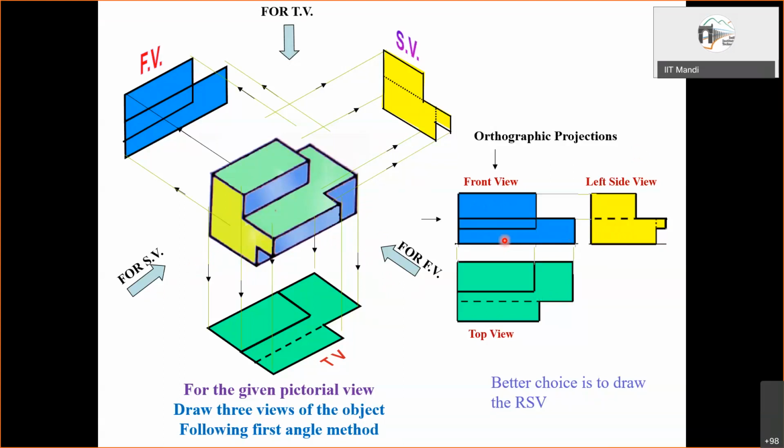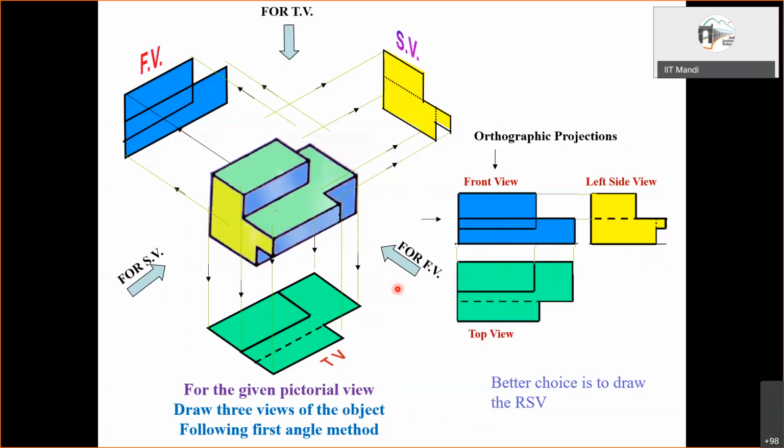Of course, the width for front view and top view will always be the same. The width part will be same, but this dimension will come from the depth. The side view again, you see, the dimension here will be less, so it will take a little less space. So the choice for the front view is the one having prominently bigger dimensions.